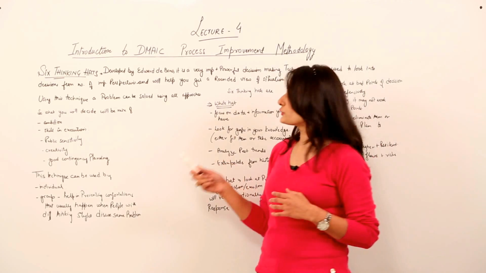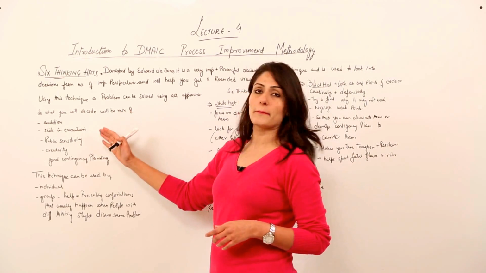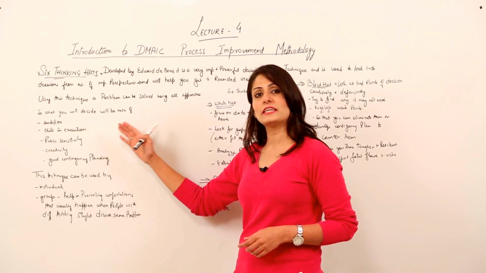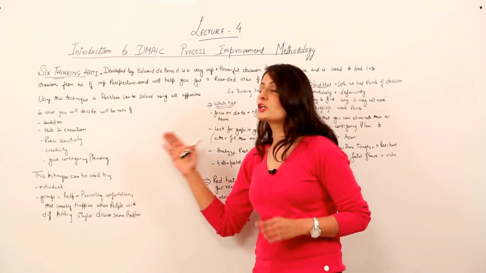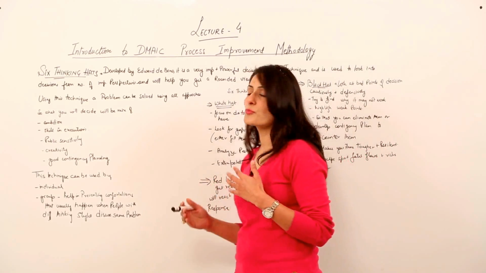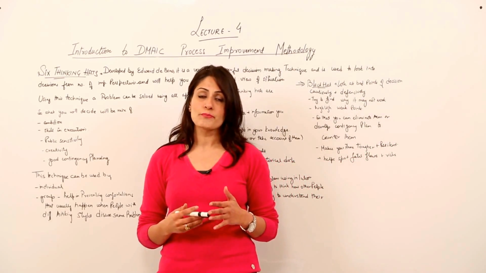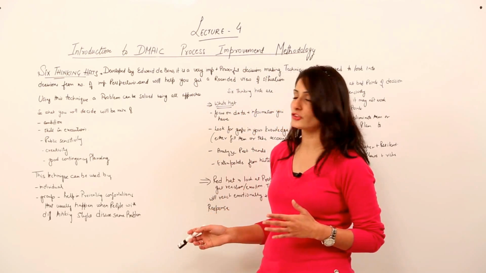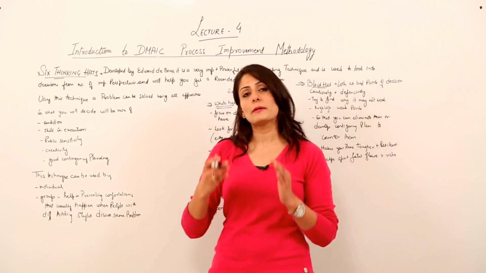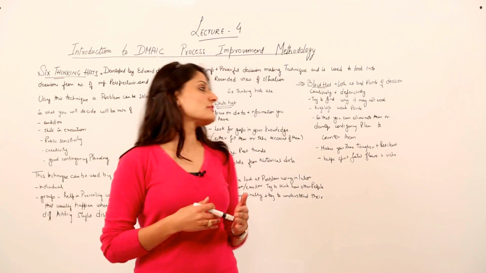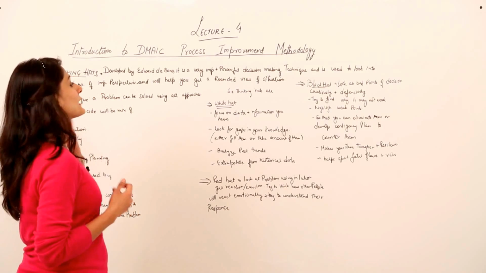And so what you decide will be a mix of ambition, skill in execution, public sensitivity, creativity, and good contingency planning. This kind of thinking can be used both individually and in a group. When used in a group, it helps in preventing confrontations which usually occur when people of different thinking styles come together. So now let's discuss the different thinking hats.